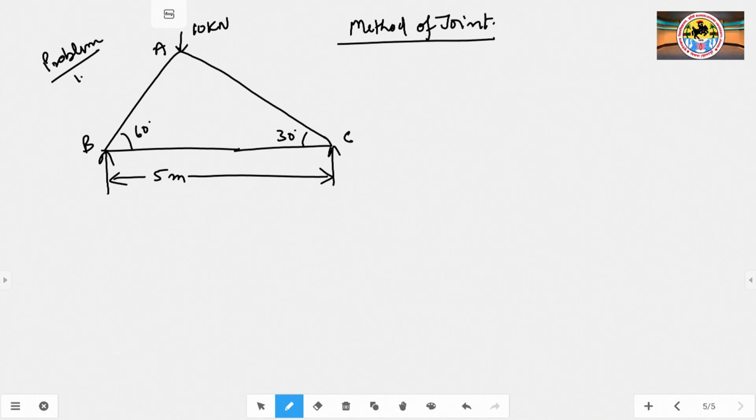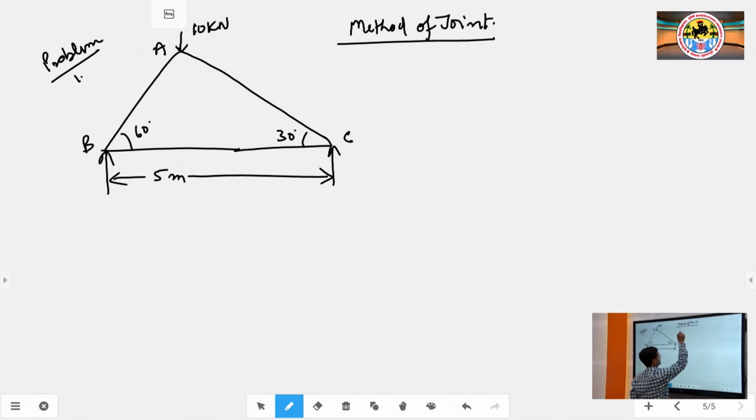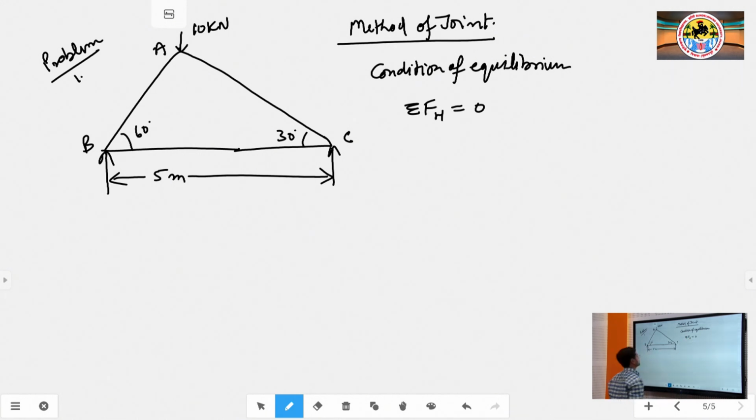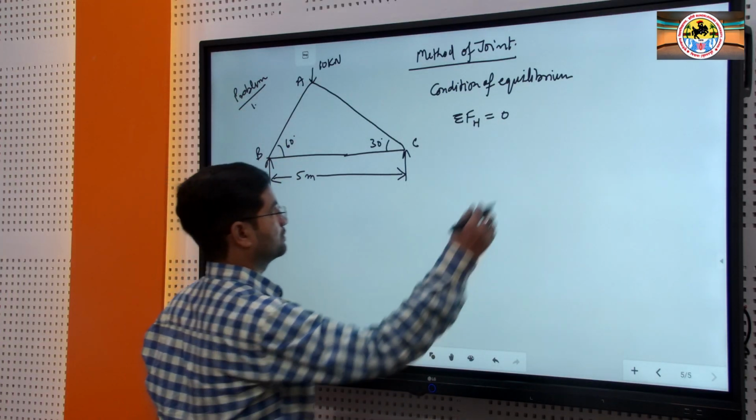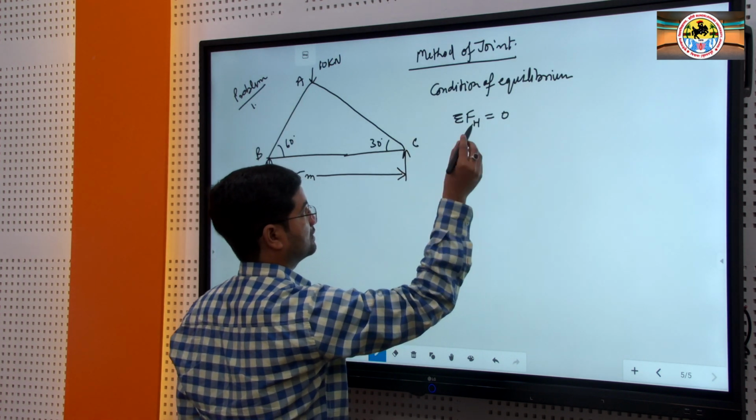In method of joint, first of all you have to find out the supports at ends B and C. For finding out the supports, we will apply the conditions of equilibrium. That says that the algebraic sum of the horizontal forces should be equal to 0. Actually, there are no horizontal forces acting, so no need to apply this condition.